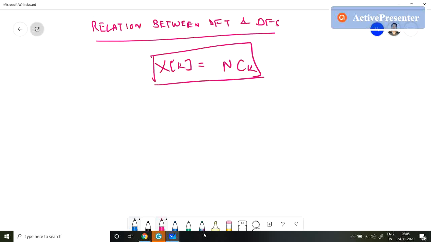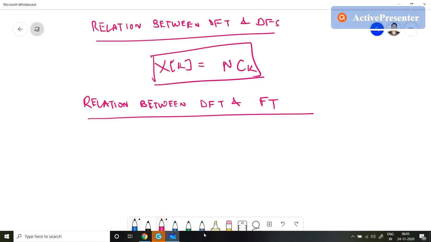This is the relation between DFT and discrete Fourier series. Also we can find out the relation between DFT and Fourier transform.